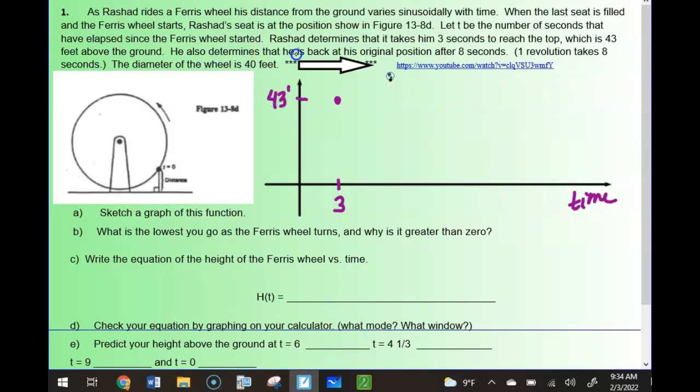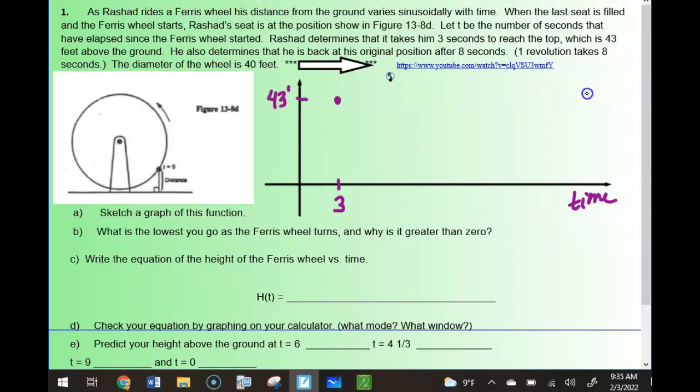Okay, he also determines he is back at that original position after 8 seconds. But we don't know where his original position was. Sorry, guys. But what does that mean? If he's back where he started at 8 seconds, it means wherever we start, it takes 8 seconds to get back there, right?